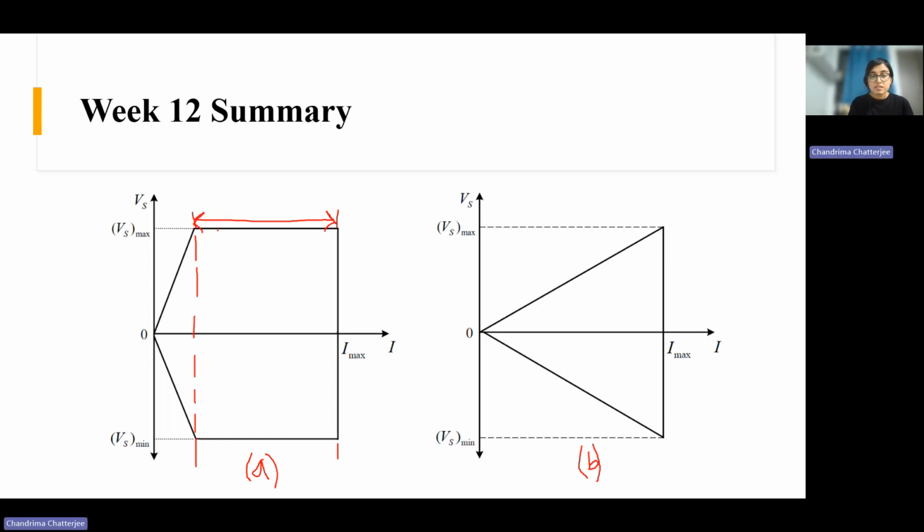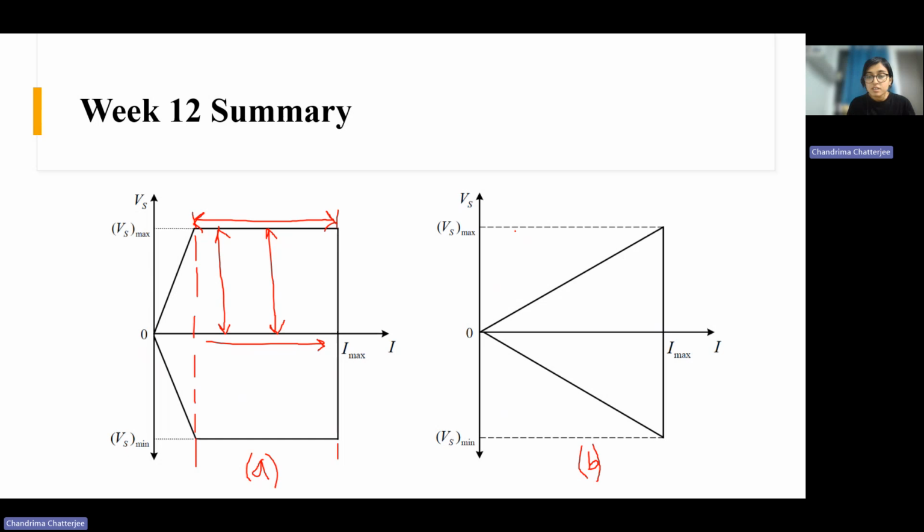You see that the voltage remains constant. Although the line current is increasing, the voltage of the SSSC remains constant. This is the positive voltage and this is the negative voltage. But irrespective of the current, the voltage is constant. That's why this is the voltage control mode.